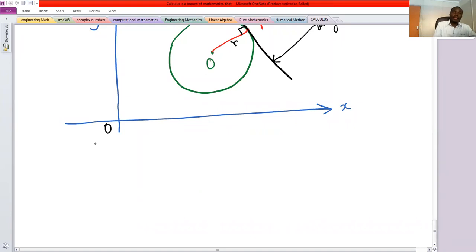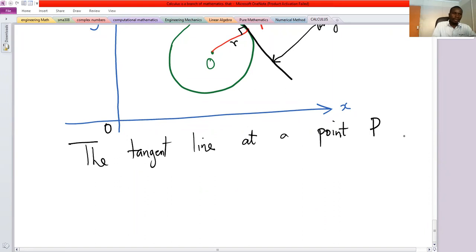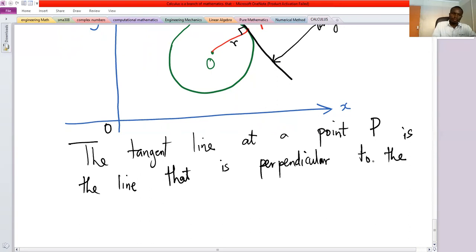So we can say the tangent line at a point P is the line that is perpendicular to the radial line, or simply the radius of the circle at point P. So that's how we can describe the tangent line at that point P on the circle.